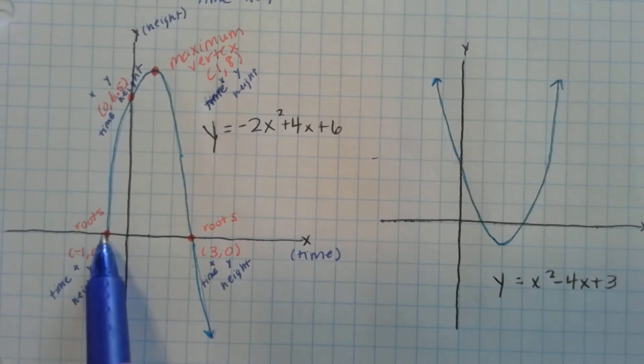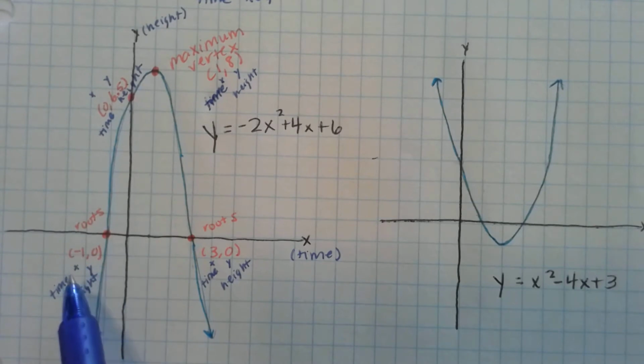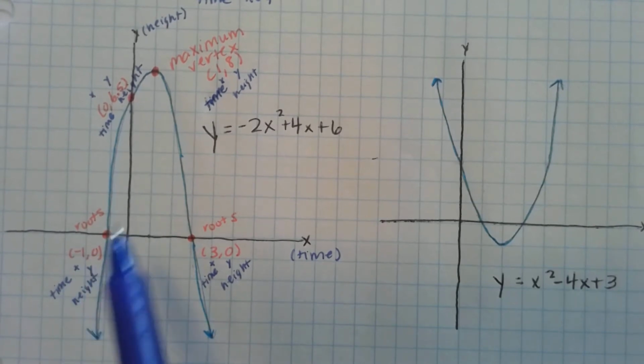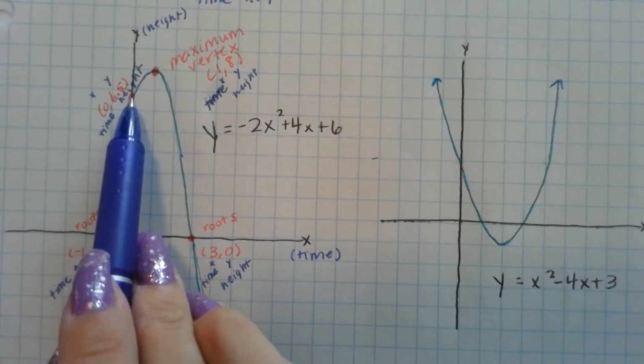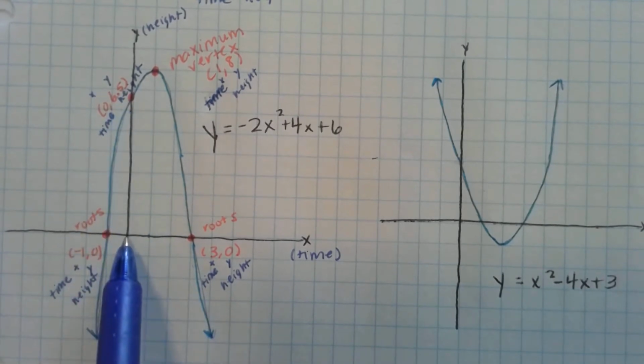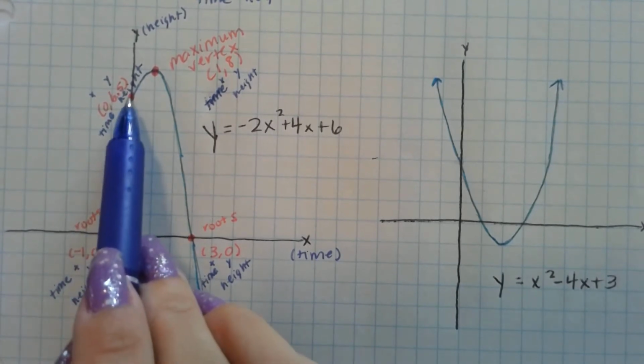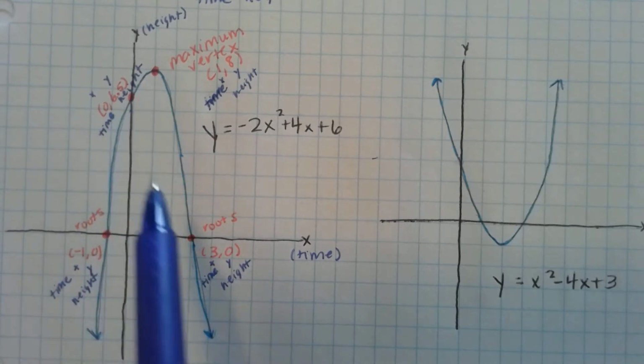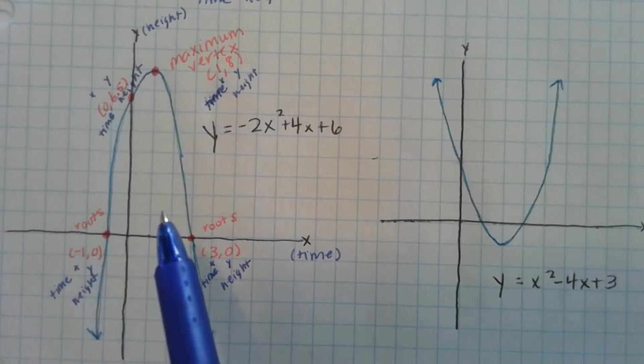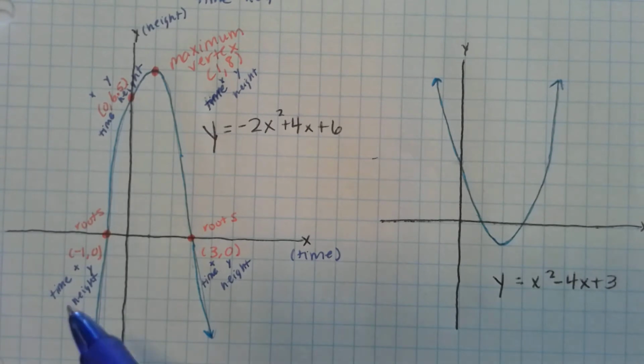And this one, we have a -1 for time. Can we have -1 seconds? No, we can't. -1 days? No. You can have 0 seconds because that's your starting point, your initial point, right where you started. So make sure that we understand all these different parts.